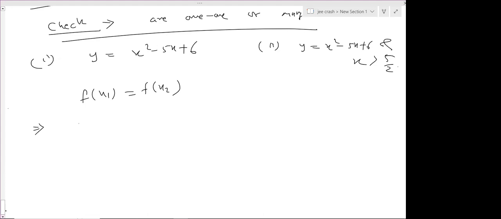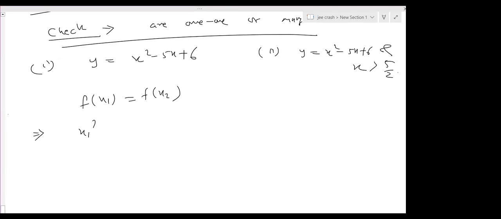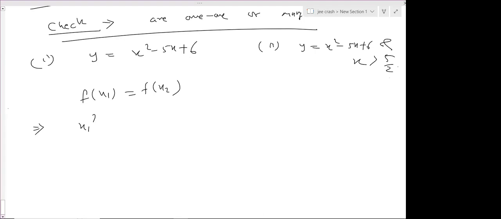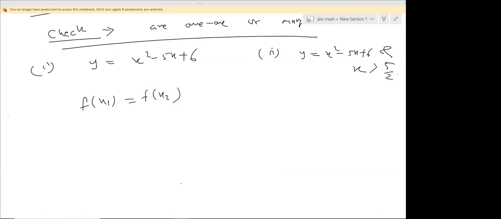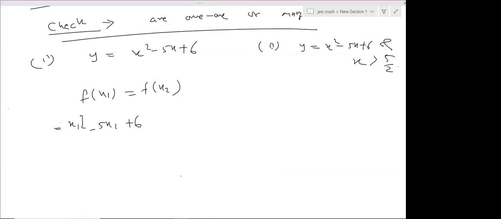So from here I can write x1 square minus 5x1 plus 6 equals x2 square minus 5x2 plus 6. So this is cancelled. Let's bring all of these terms together.